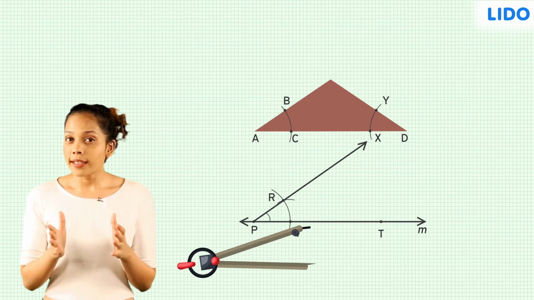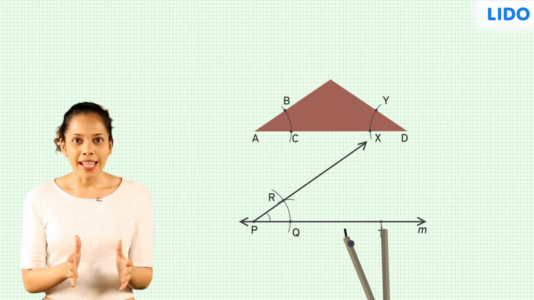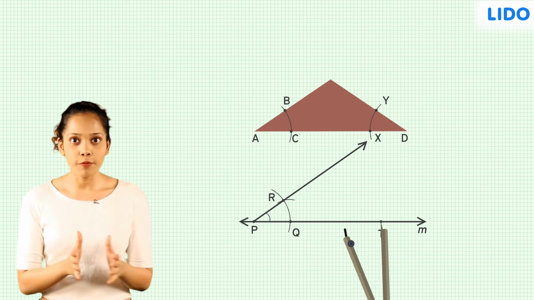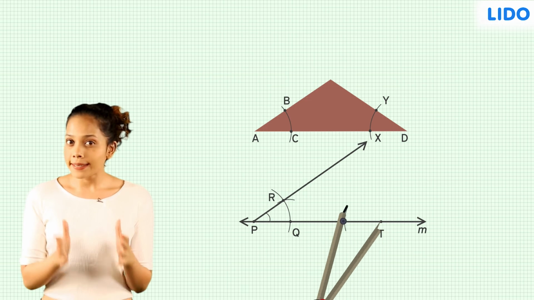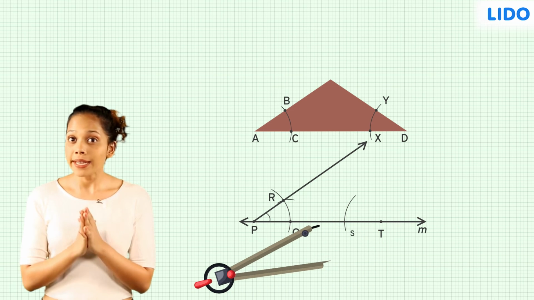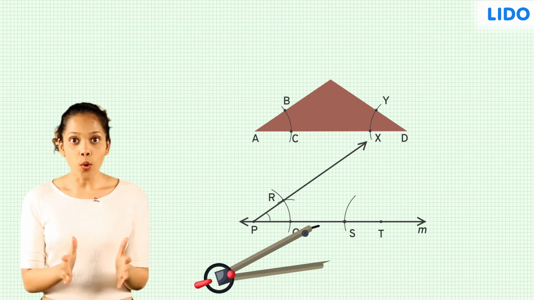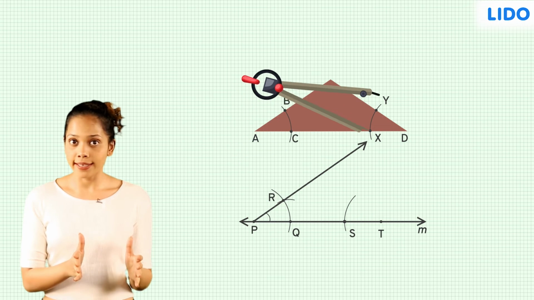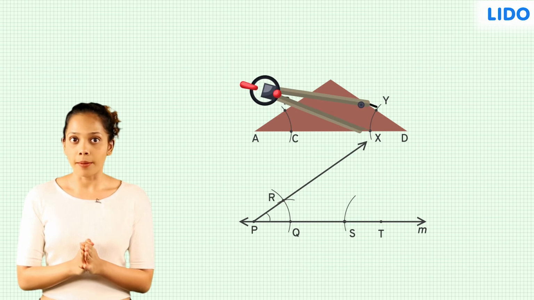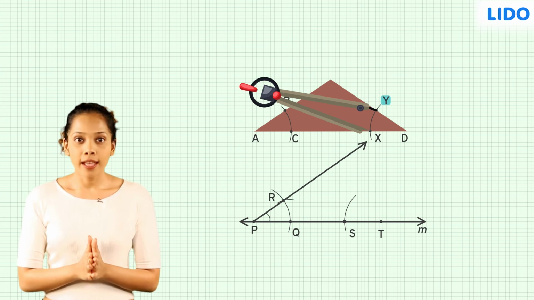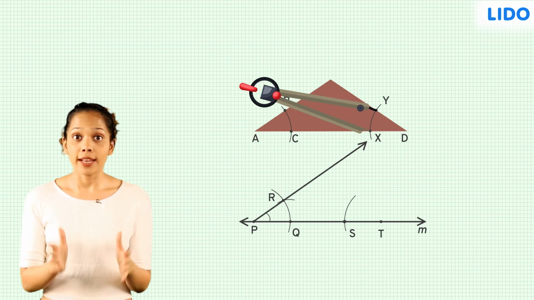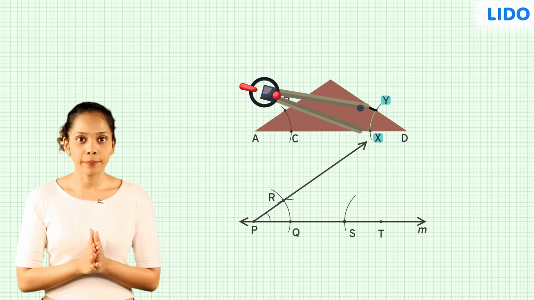After this, with the compass pointer on T and the same radius as before, we cut an arc intersecting line M at point S. Next, with the compass pointer on X, we extend the other arm to point Y. In doing so, we are measuring the length of XY.